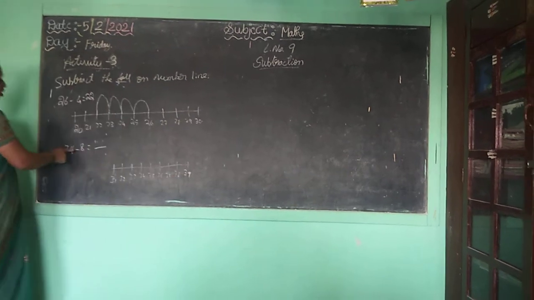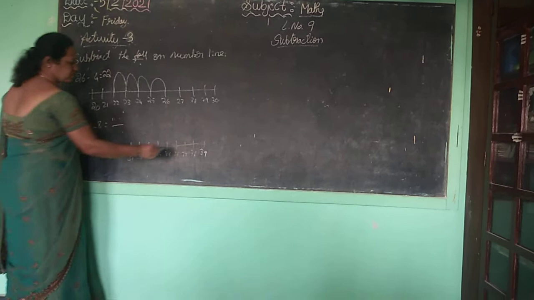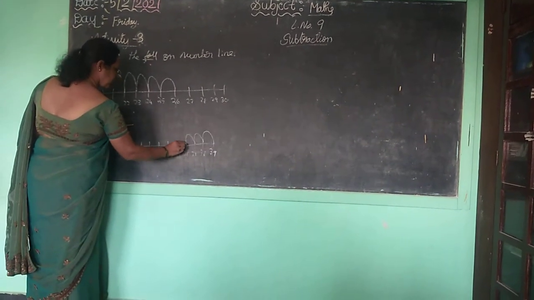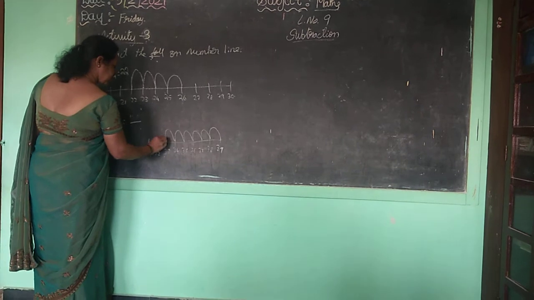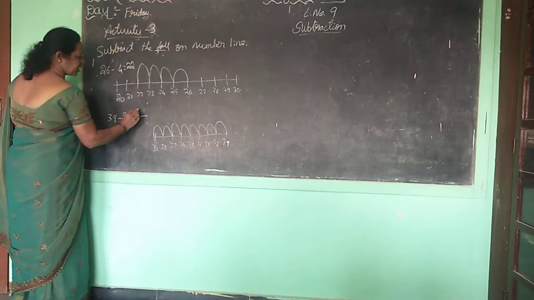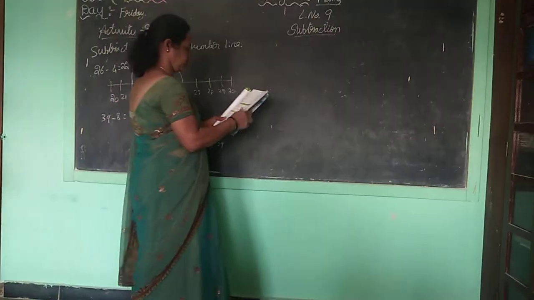Okay children, 39. How much do you have to minus? 8 you should minus. So come from 39 backward 8 places. 1, 2, 3, 4, 5, 6, 7, 8. Okay, how much is there? 31. Okay children.